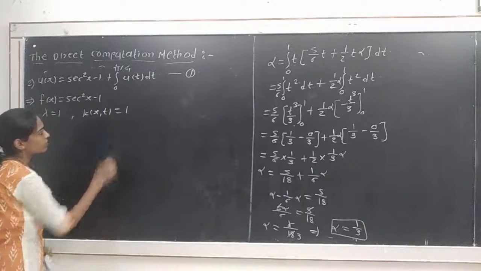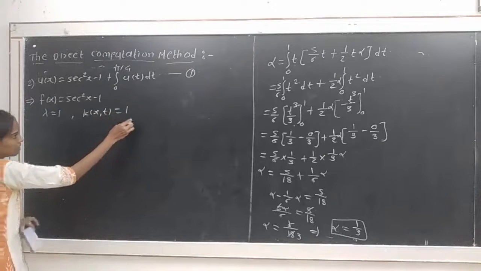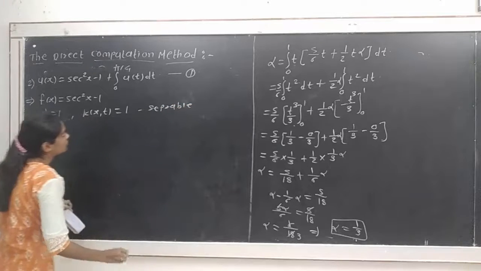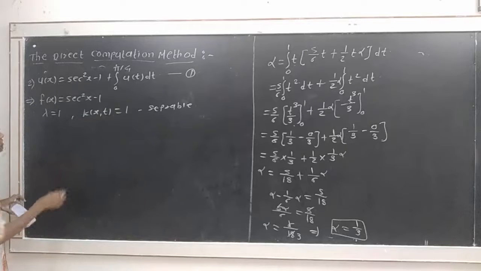K of x t will be equal to 1, that is the constant, which is the separable kernel, not in terms of x and t. Okay, which is, we get constant.